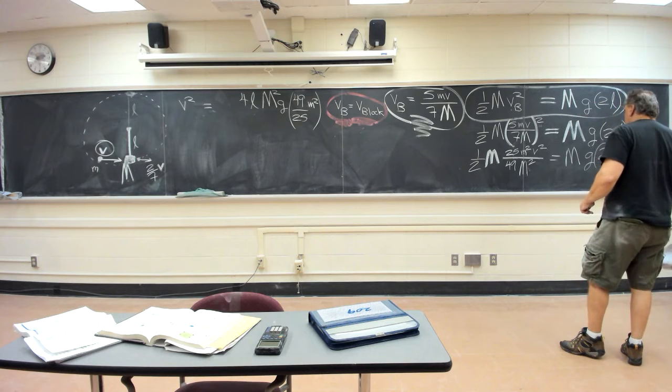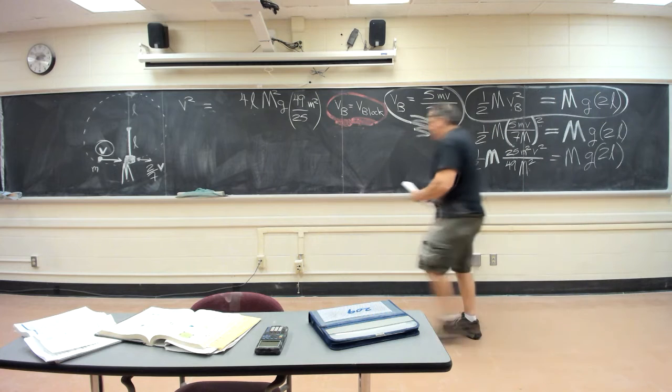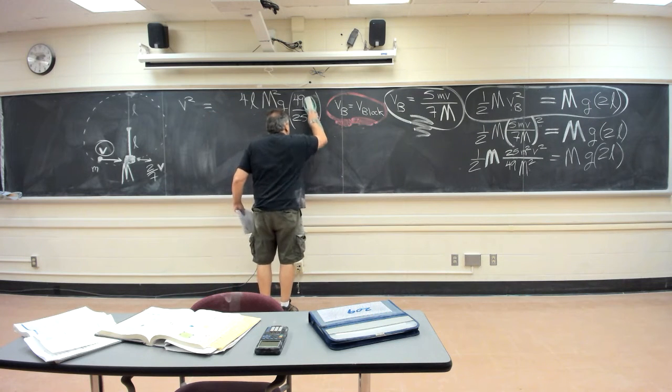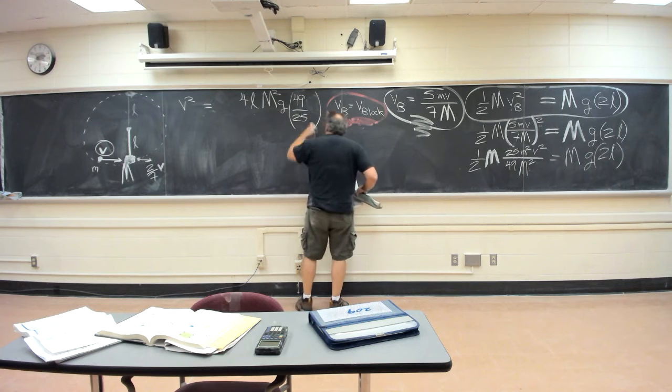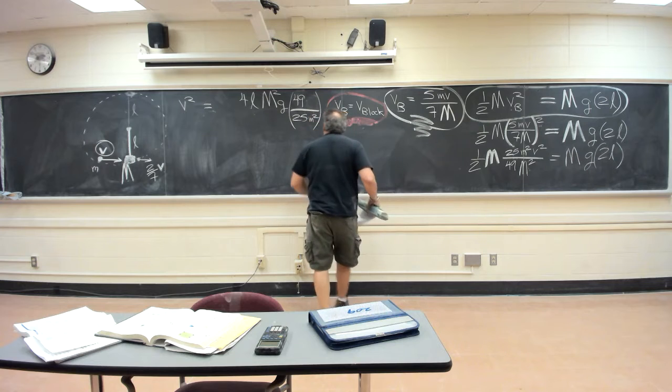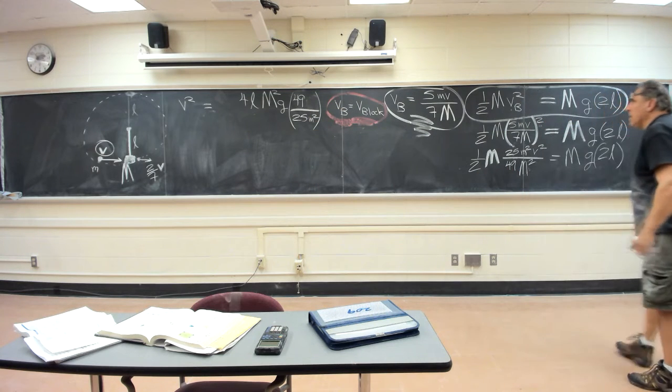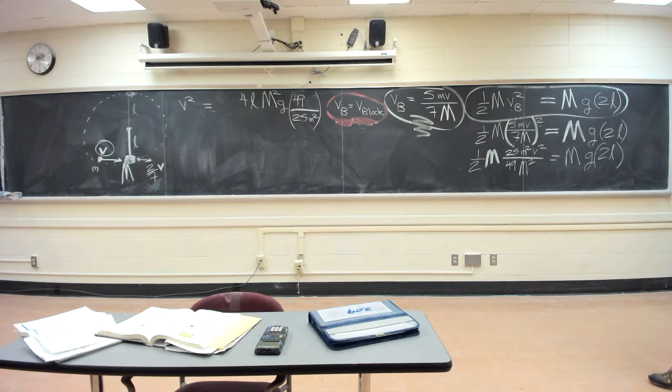No, let me not do that. Let me multiply it by 49 over 25 small m squared. Yeah, that'll work. Let's just make sure it works.